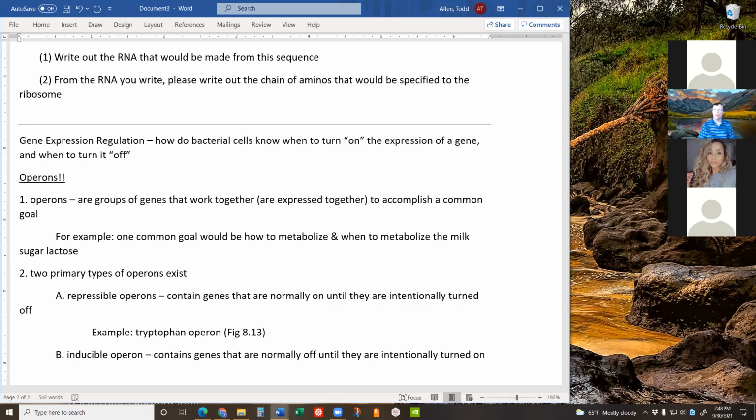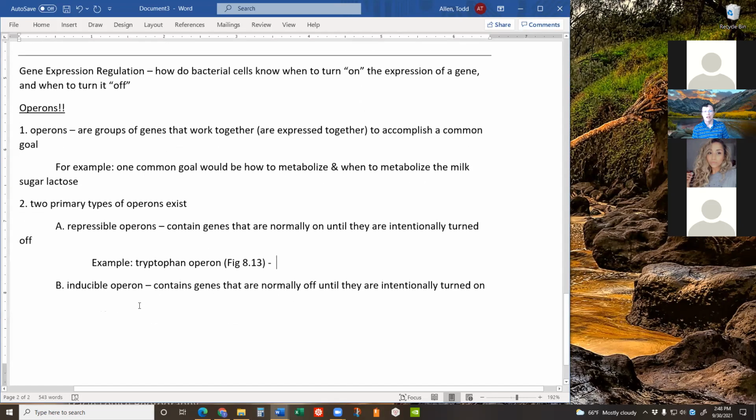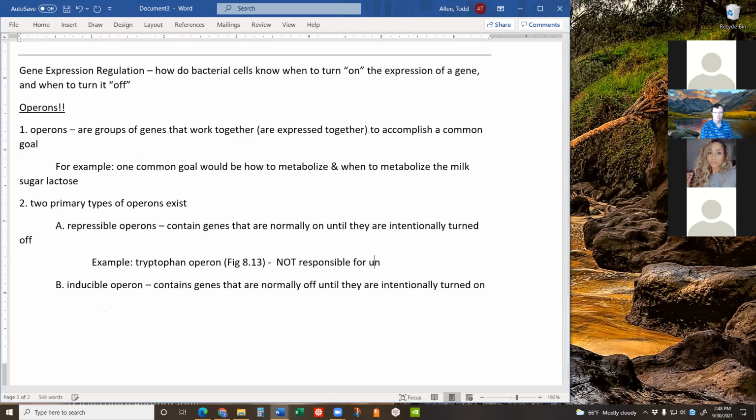Folks, I'm just here to tell you now, you are not responsible for understanding this because I have enough on your plate. You are not responsible for understanding the trp operon. Let me highlight that in red. You are not responsible for that. If you want to go ahead and study it, go for it, but I'm not going to test you on it.